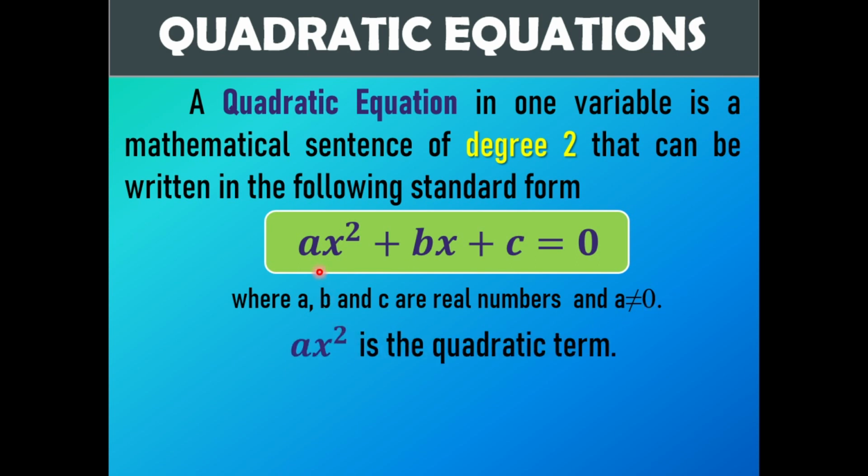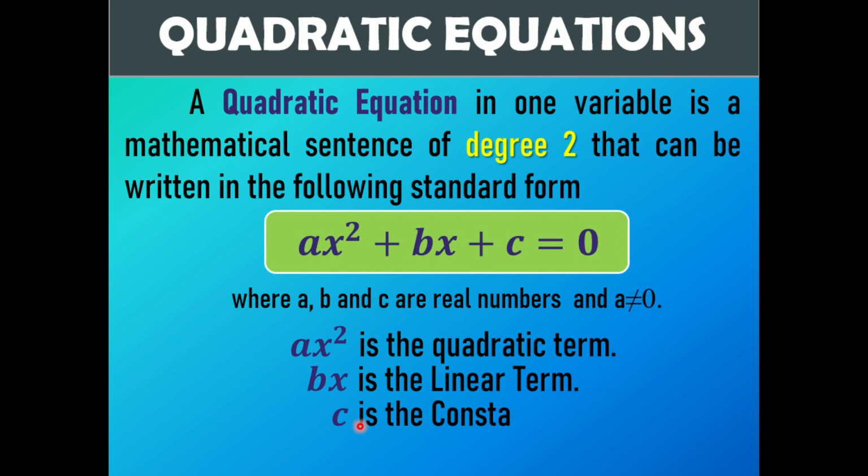The first term, ax squared, is called the quadratic term. The second term, bx, is called the linear term. And the last term, c, is the constant term.